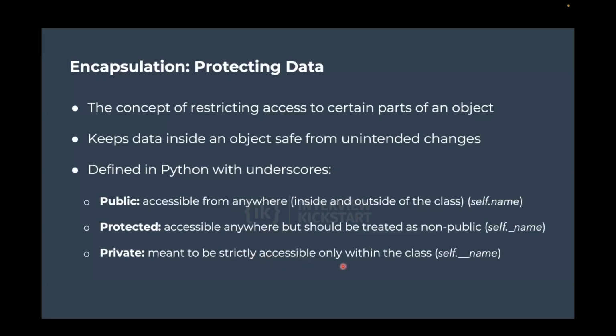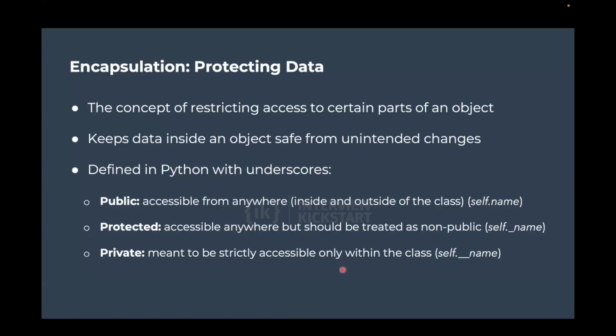So, to make sure that no one can access this outside of the class, you need to use double underscores before the name. This makes those attributes a private attribute or a private method, so that they will not be accessible outside of the class.